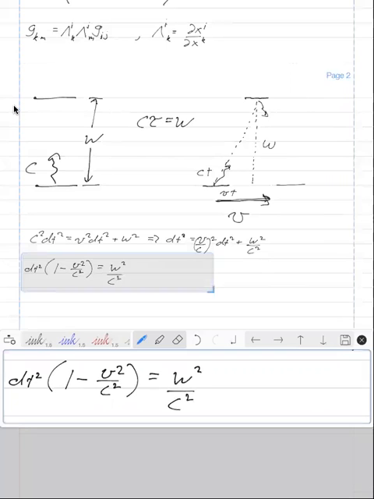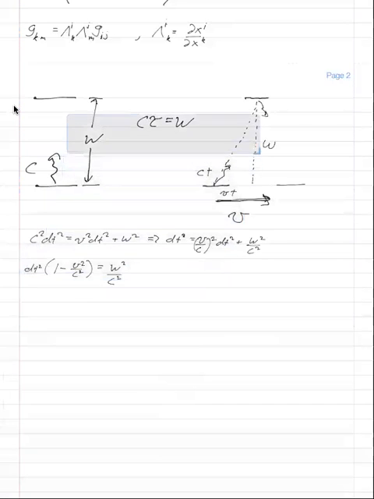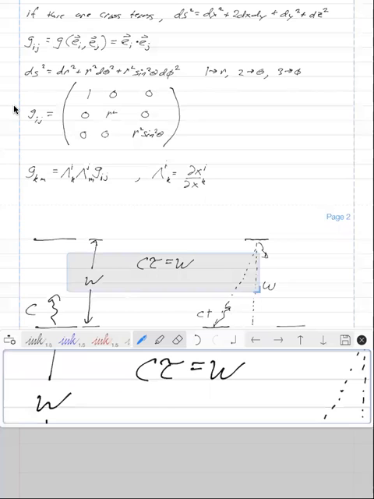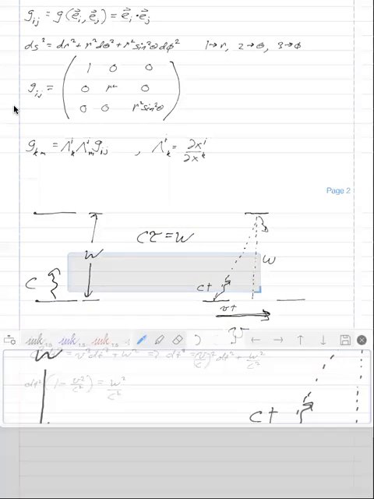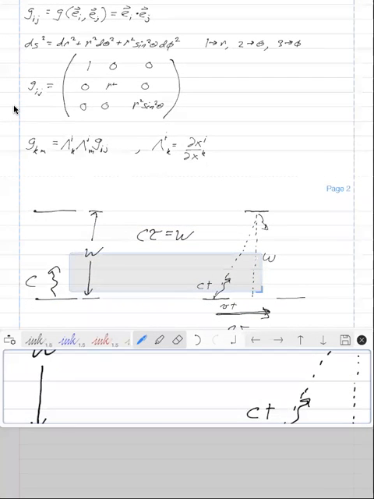Well, if you recall, we have that tau is related to c and w in this way, and that d tau is equal to w over c.